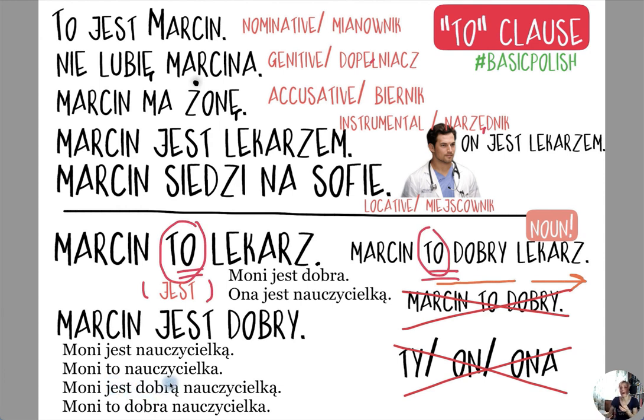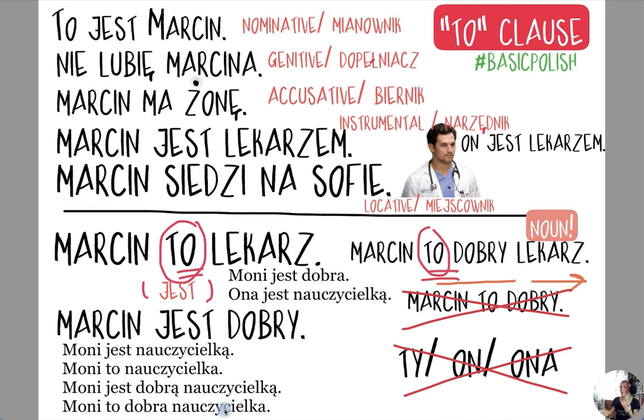And I know we haven't done adjectives in the cases like genitive, accusative, instrumental. So just accept that this is what this would be, right? This would agree with the form of the noun. So Moni jest dobrą nauczycielką, but you could also replace jest using the to clause, Moni to dobra nauczycielka, nominative, covered here because you've got nauczycielka, a noun.